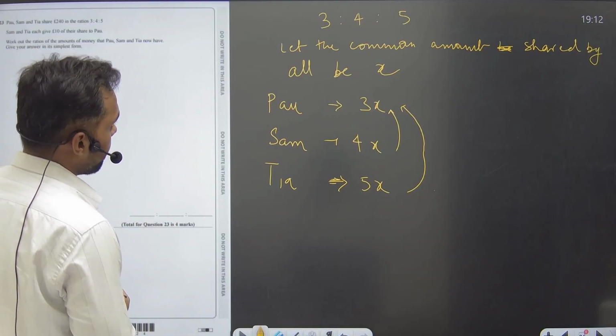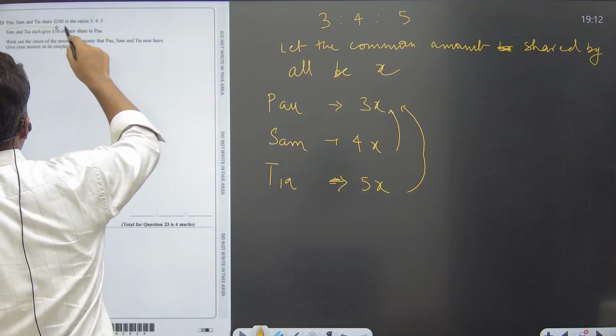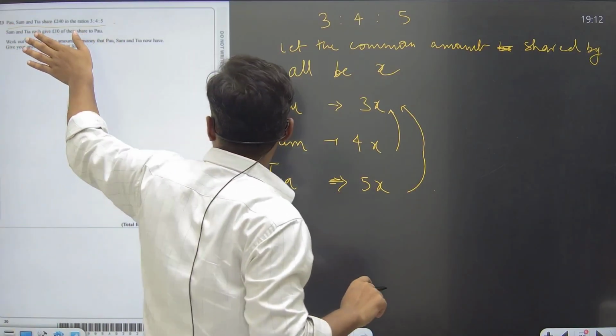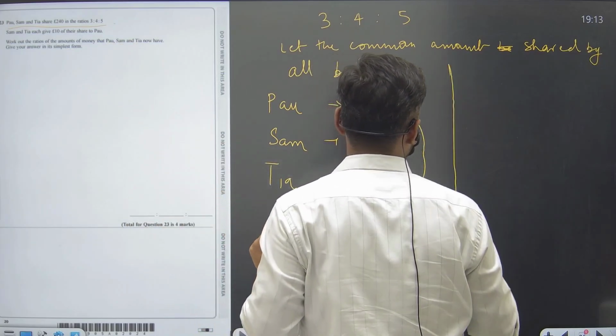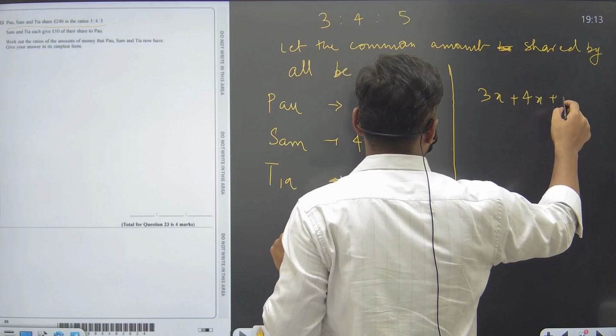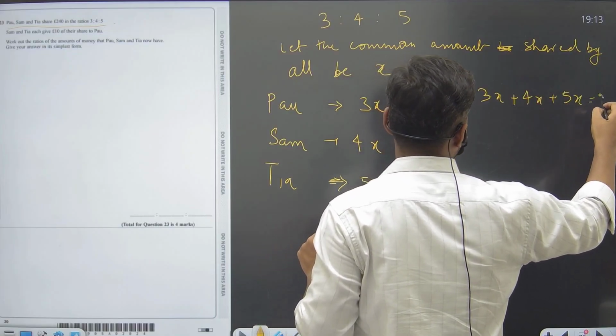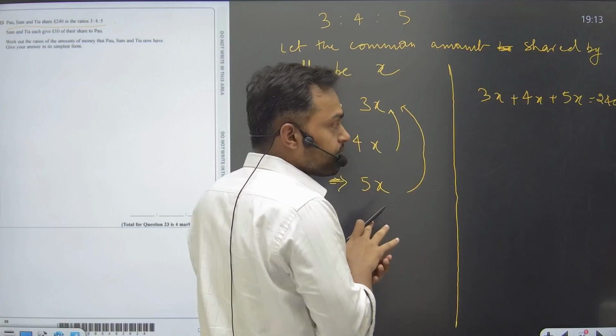Okay. So for the initial phase, these 3 persons are sharing euro 240. So it will be 3x plus 4x plus 5x equals 240 euros. Okay, this was the amount they are sharing in the initial way.